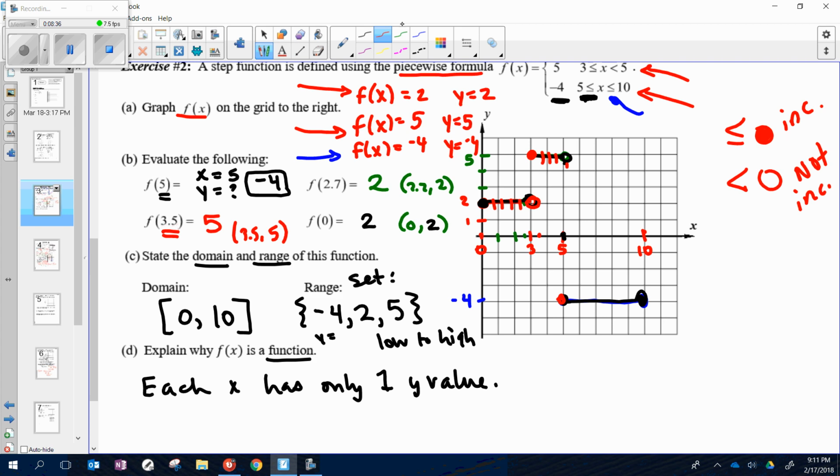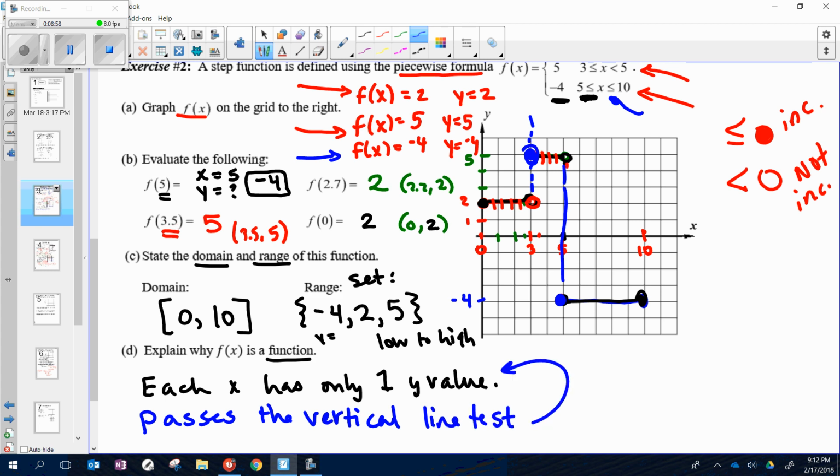So at the weird points, where these points align, it's only hitting one spot. There's no overlap. We could say it passes the vertical line test. And we could say each x has only one y.